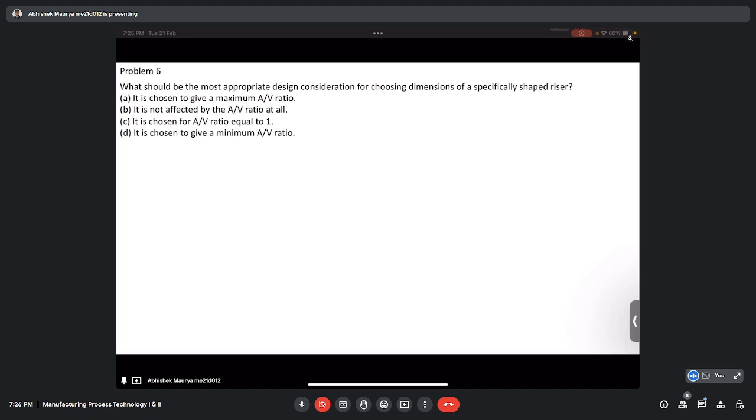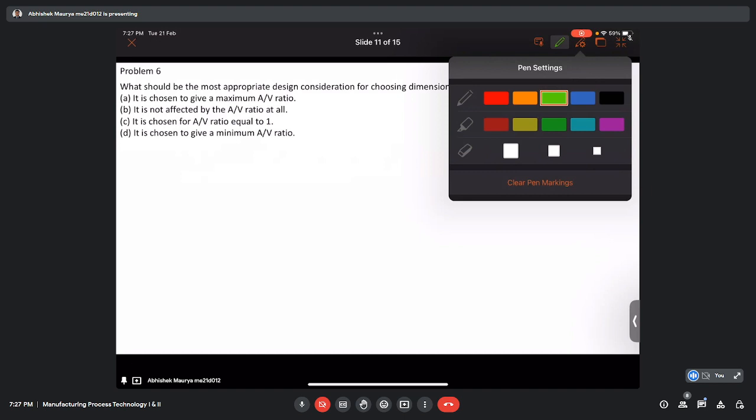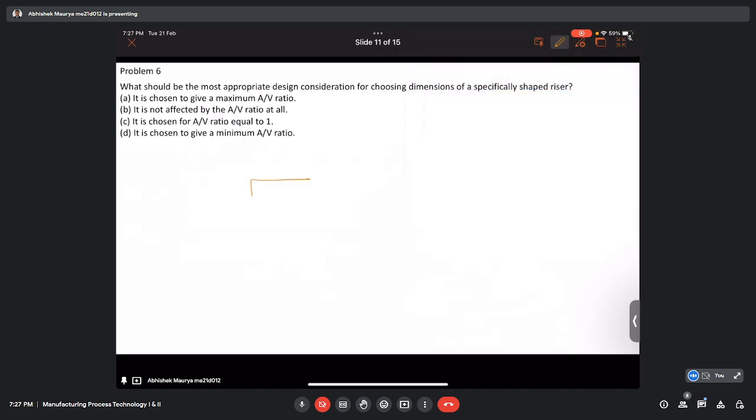First of all, again, we will quickly draw a schematic of the sand casting process. It is something like this.